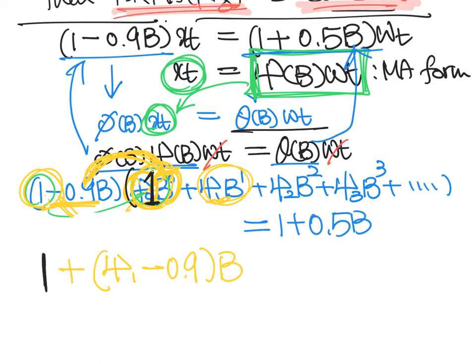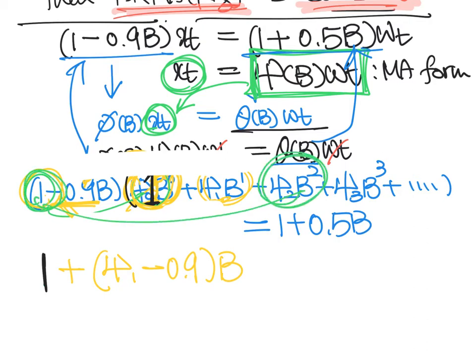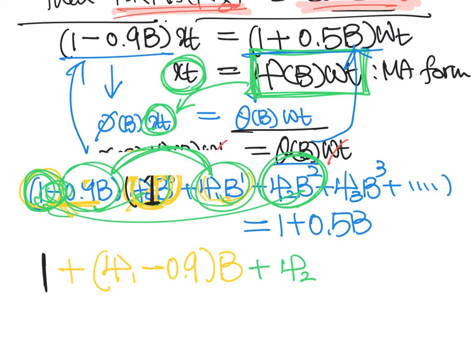Next one, here is a 1 times B square term. And this one times this one, it's another B square. So there was a negative, remember, the negative 0.9 phi 1 B square.